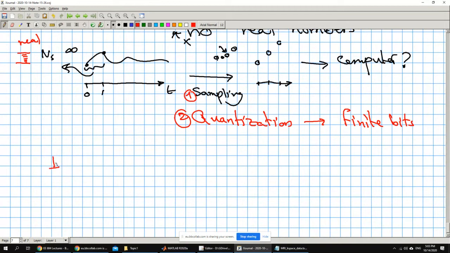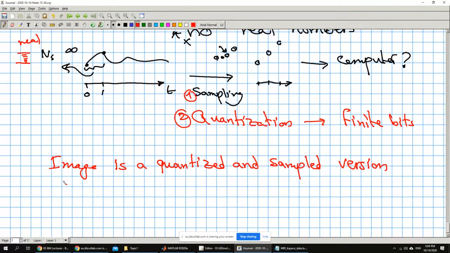So an image is, maybe you can say also, a quantized and sampled version of a two-dimensional continuous domain function.